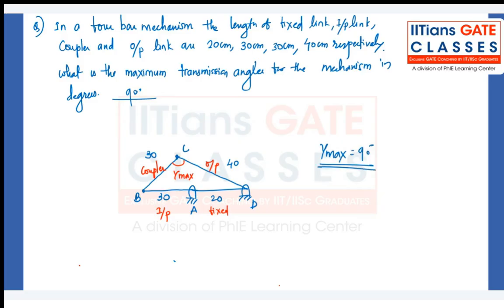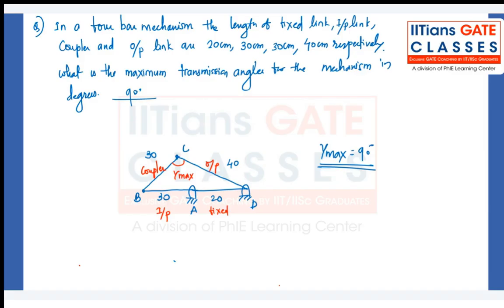Okay. So I hope things are clear to you from the analysis of the planar mechanism. Just to give you a quick overview, the major questions they can ask in this, as far as the numericals are concerned, is calculate the degrees of freedom, what kind of mechanism you'll get, crank-rocker, crank-crank, rocker-rocker, transmission angle, mechanical advantage.